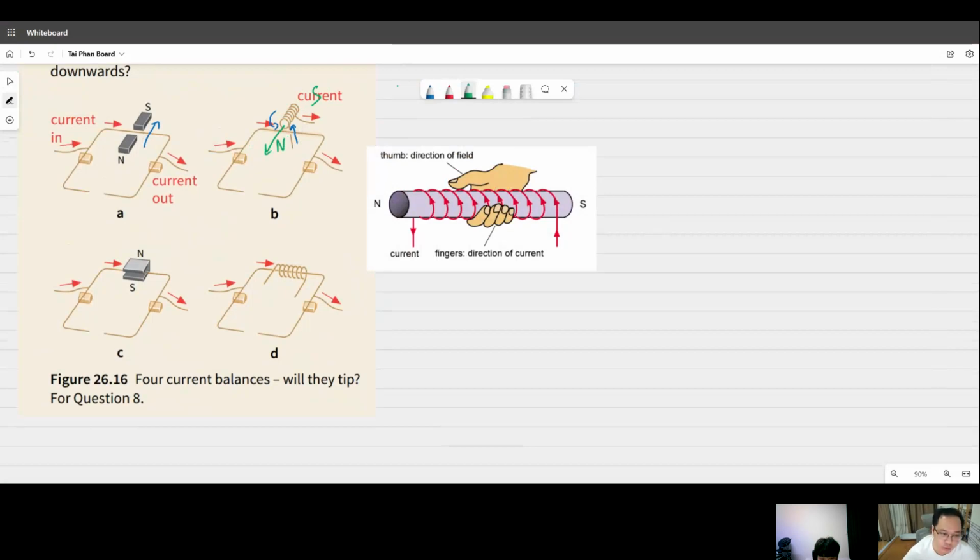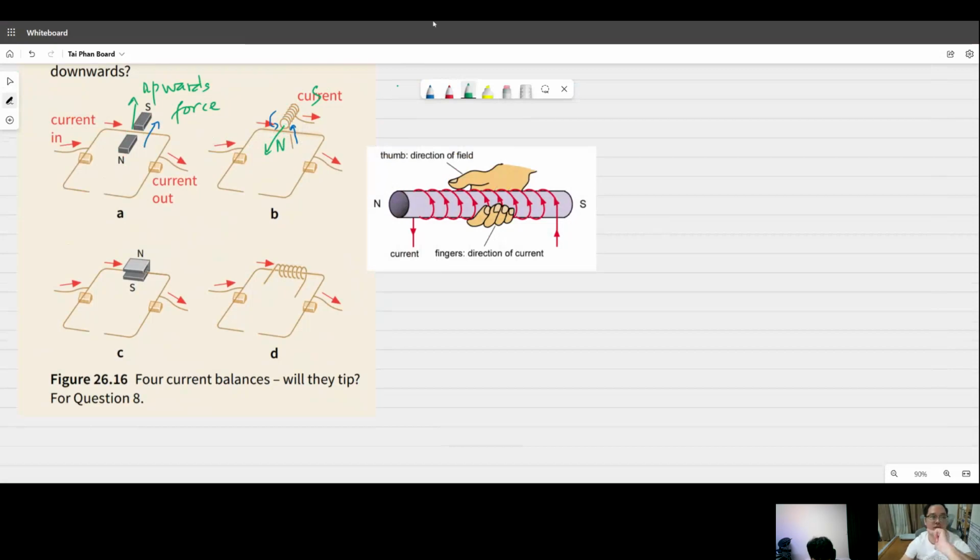And use the left-hand rule to determine the direction of the magnetic force on the current. In case A here, the field is into the page, the current is to the right, the force is upward. Upwards force. In this case, the field is out of the page, the current goes right, and this case is very difficult.